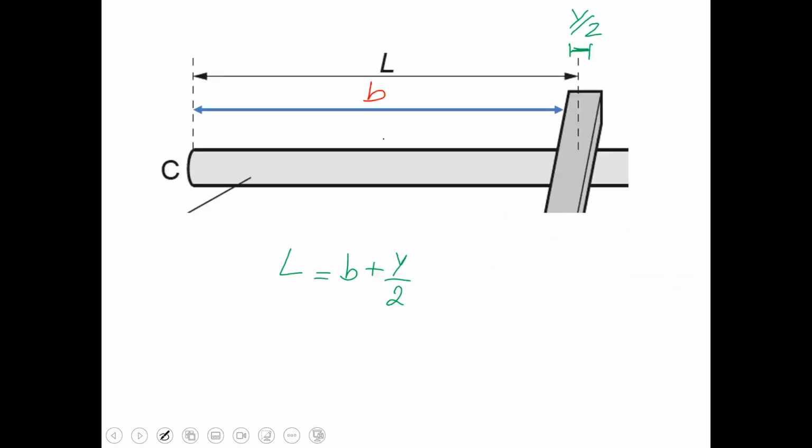Look at this diagram. Y upon 2. I will measure the total length and I will halve it and add it in this equation. So it will be L. How do we measure L? We first measure B, then we measure Y and then divide by 2. Y can be measured by vernier caliper or micrometer.